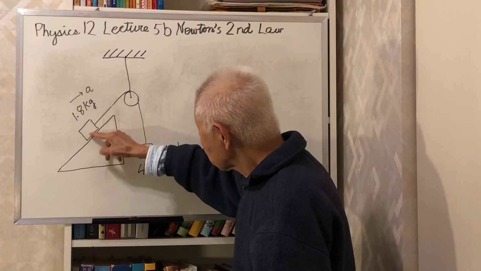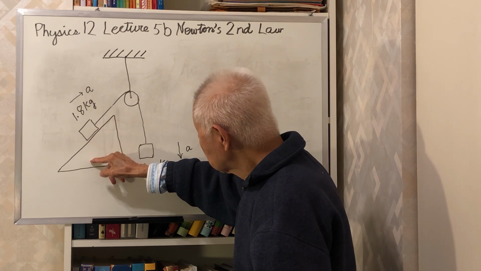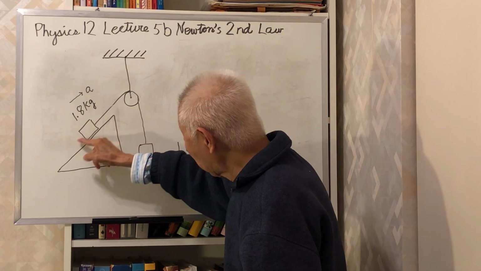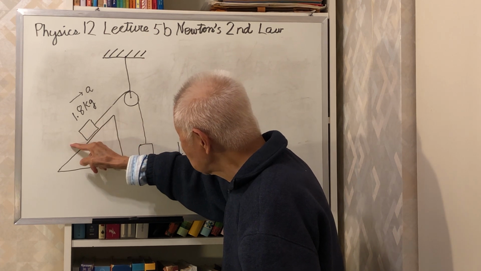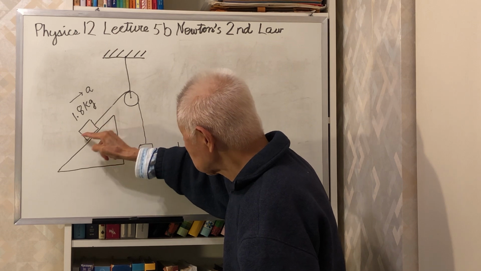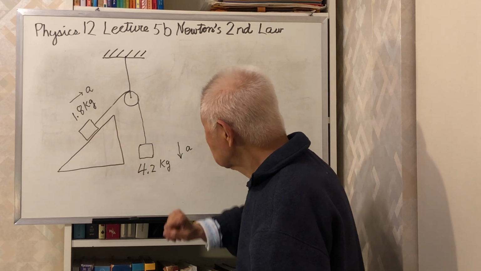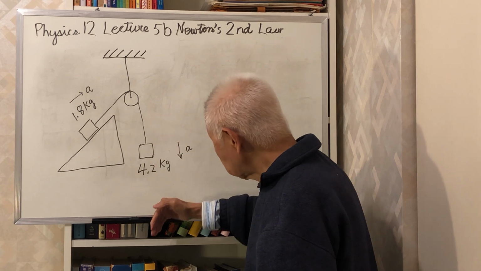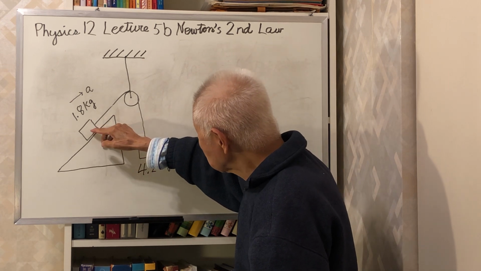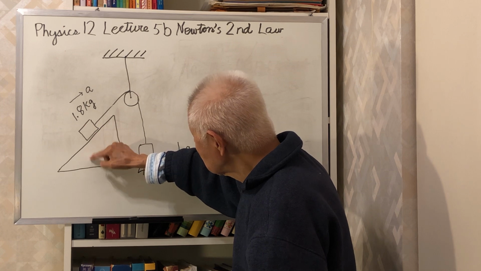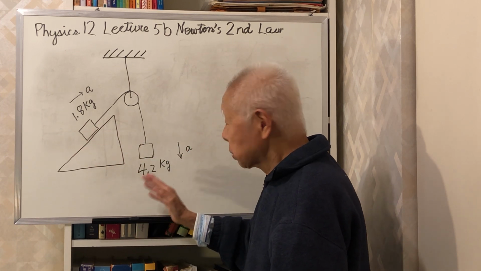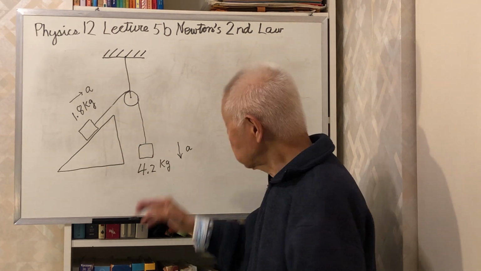So the force which pulls it down the inclined plane is a component of the force of gravity, right? The component of this force of gravity is to pull this down as well, because they move in this opposite direction, yeah?